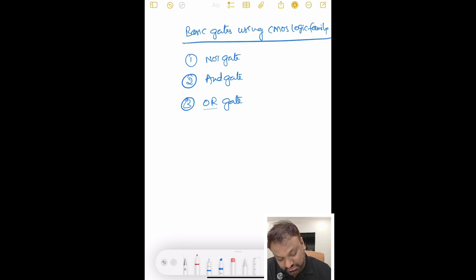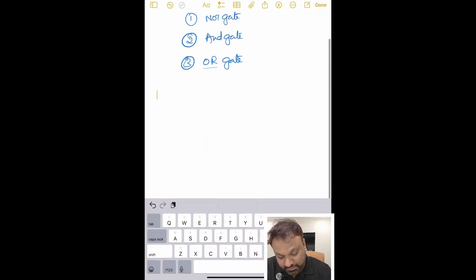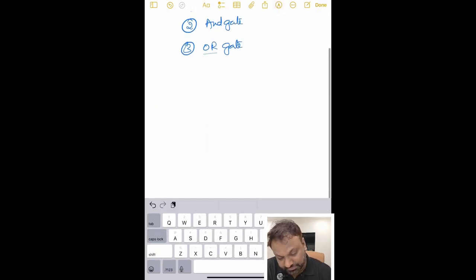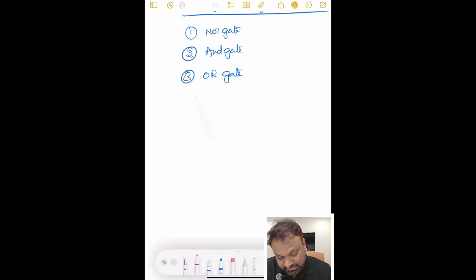We already know a CMOS transistor, one simple CMOS transistor, which is also called a CMOS inverter. CMOS transistor is equal to CMOS inverter.